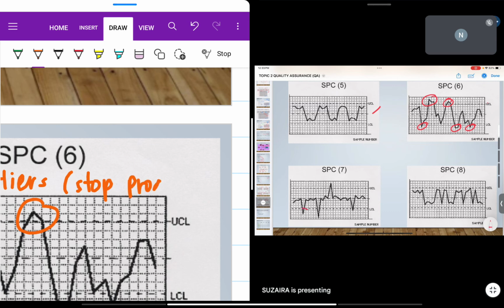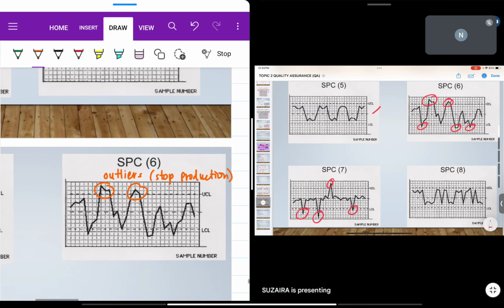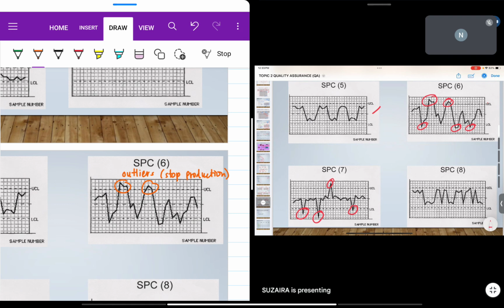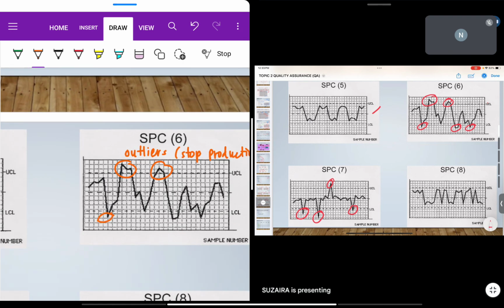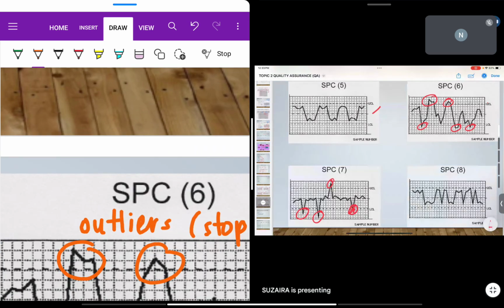And this one similar, okay, just for a few points. So this one is more towards like after sometimes you have this, but the rest is actually good because it's near to the CL.